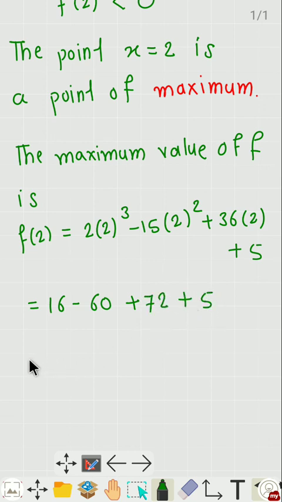Okay, 16 minus 60 is minus 44, plus 72 is 28, plus 5 means 33. Okay, 33 is the maximum value of that function.